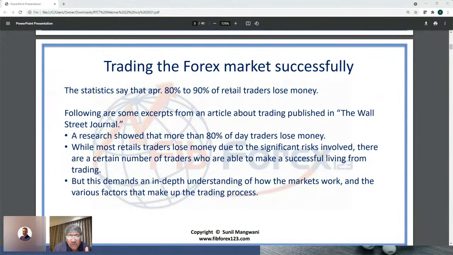Research shows that more than 80% of them do lose, but there are a certain number of retail traders who do make money. Most retail traders really lose due to the significant risks involved, but there are some people who do make money. This requires an in depth understanding of how the markets work, and this is one of the factors that we are going to go over. Next slide, please.